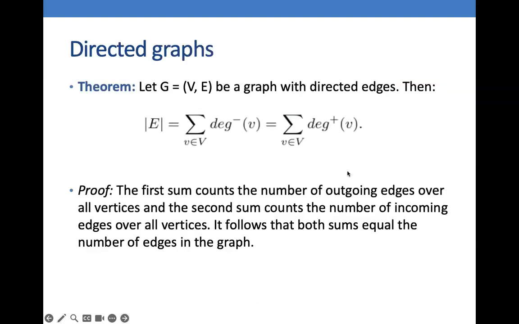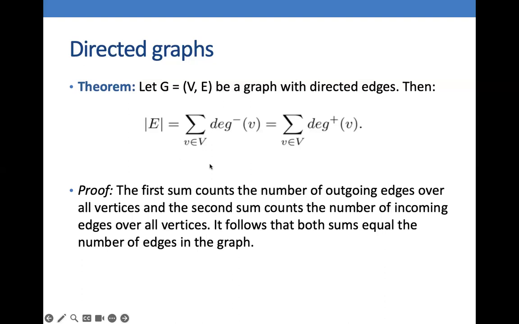Now let's have another theorem. So assuming we have a graph G consisting of vertices and edges, and let this be a graph with directed edges, then we can say that the total number of edges is equal to the sum of all the in degrees, and the sum of all the in degrees and the total number of edges is actually equal to the sum of all the out degrees.